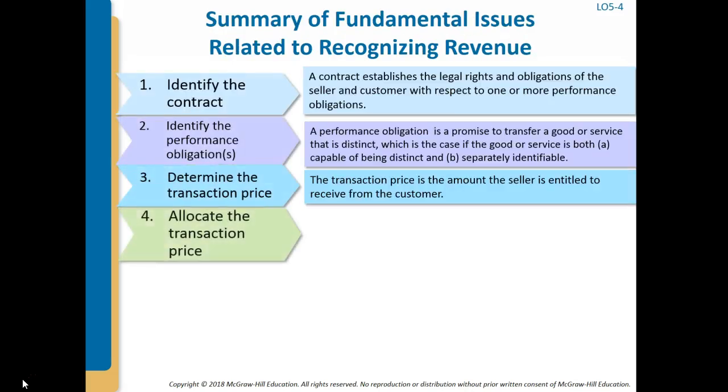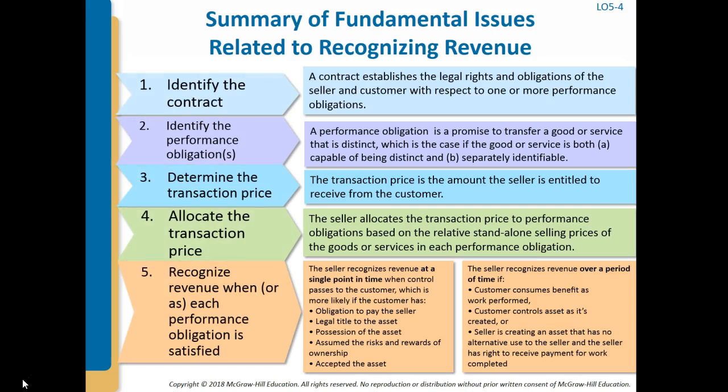So to summarize, the core principle of revenue recognition gets implemented by, number 1, identifying a contract with a customer, which establishes the legal rights and obligations of the seller and customer with respect to one or more performance obligations. Number 2, identifying performance obligations, which are capable of being distinct and separately identifiable in the contract.